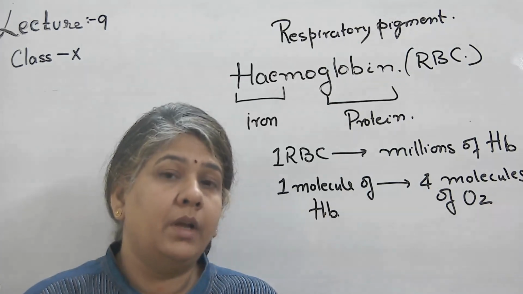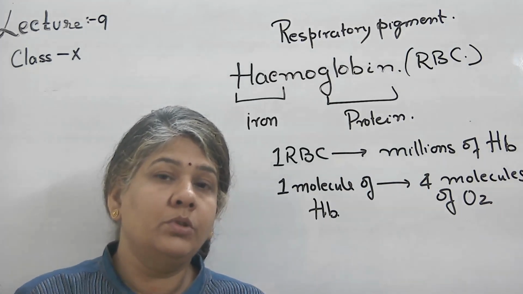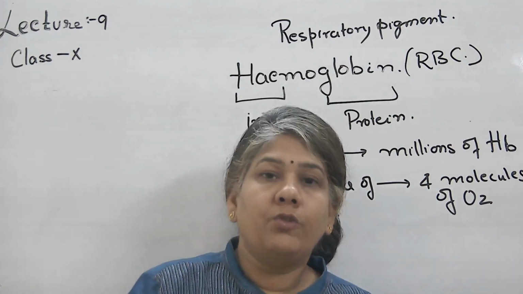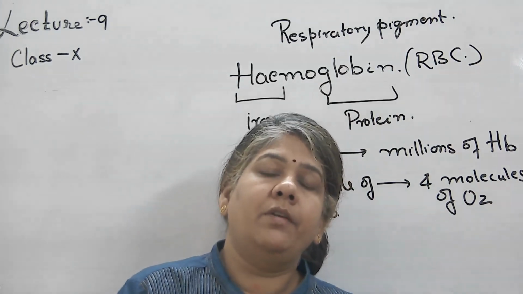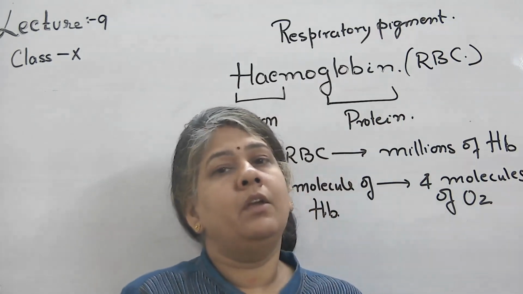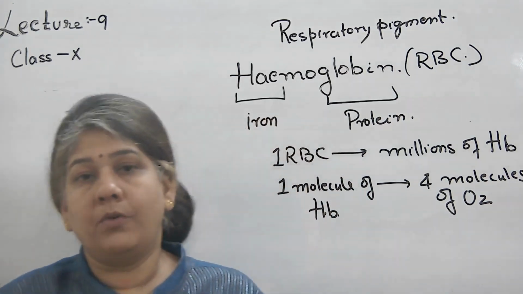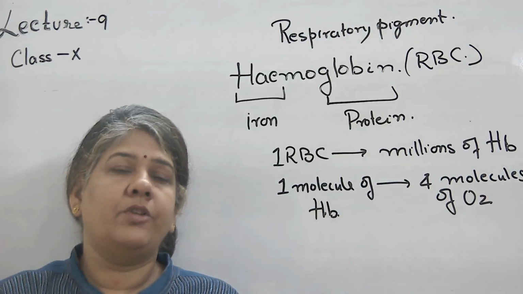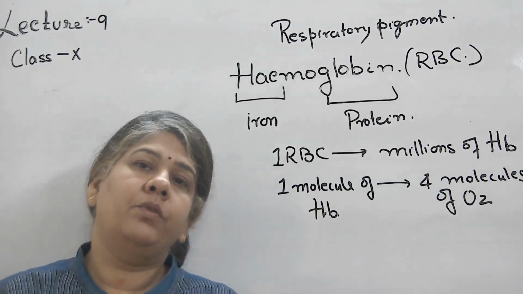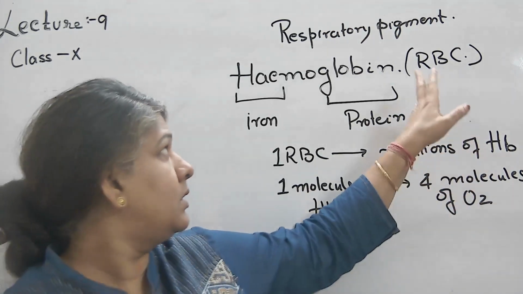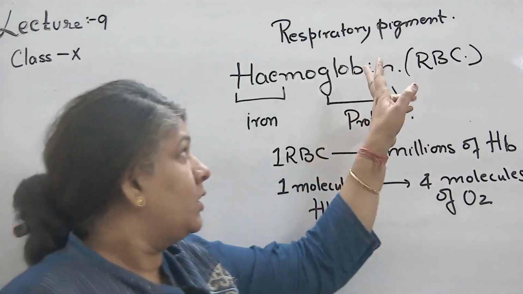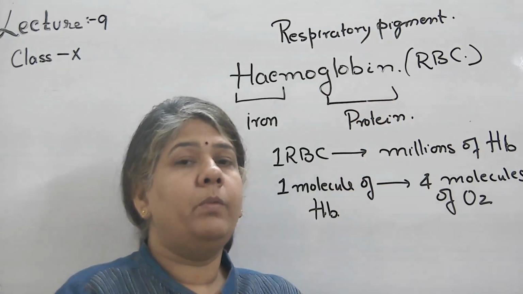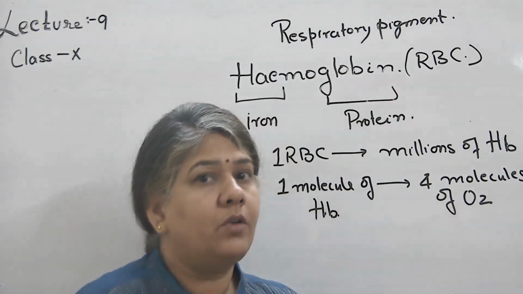And what about exhalation of CO2? So we know that CO2 is more soluble in water. So it is basically transported by the plasma of the blood in dissolved form. So oxygen is transported with the help of hemoglobin. Though carbon dioxide can also be transported, hemoglobin has more affinity for oxygen.